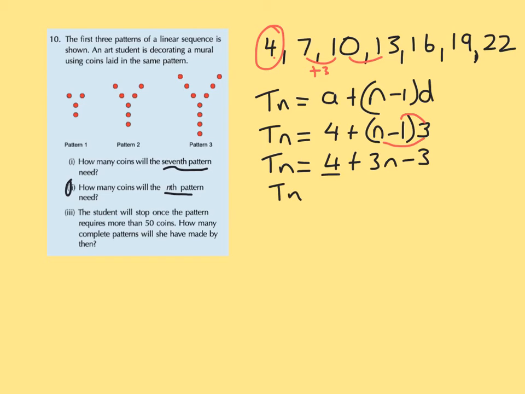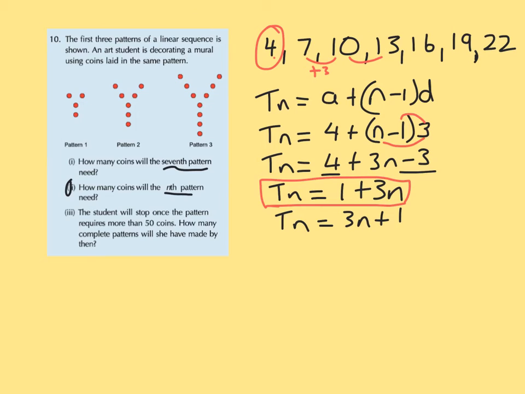Again, I can add these two together, or subtract them in this case. 4 minus 3 gives me 1 plus 3n, and that's the same as Tn equals 3n plus 1. So either one of those answers will be perfect here. And our 7th term, I'll put that in there as well.